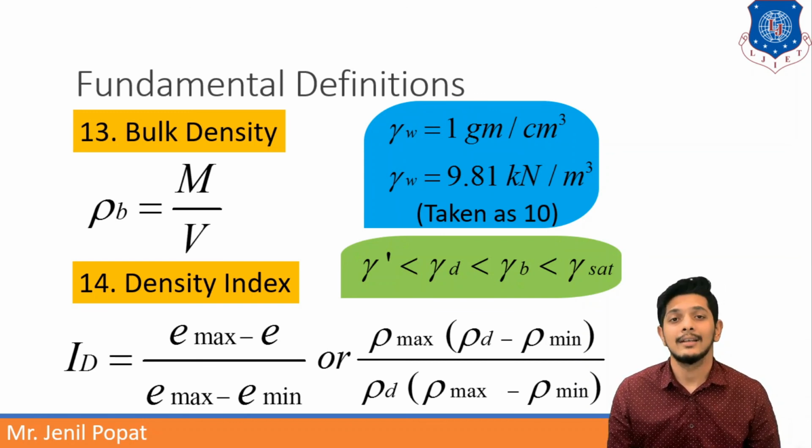That means dry unit weight will be greater than submerged. Same way bulk unit weight will be greater than dry unit weight, and saturated unit weight will be greater than bulk unit weight. So highest order will be of gamma sat, that is saturated unit weight.